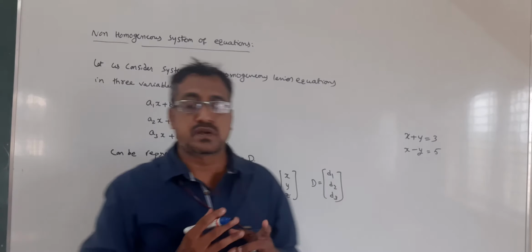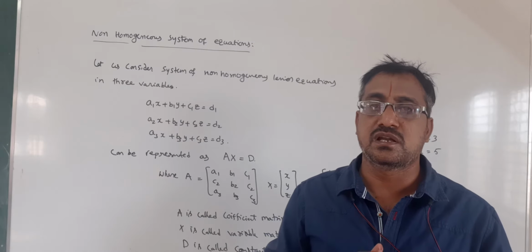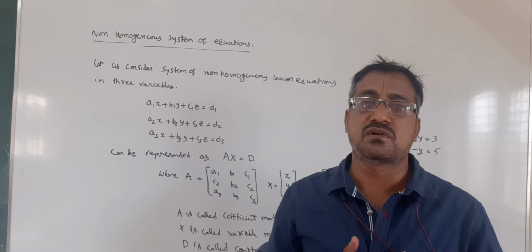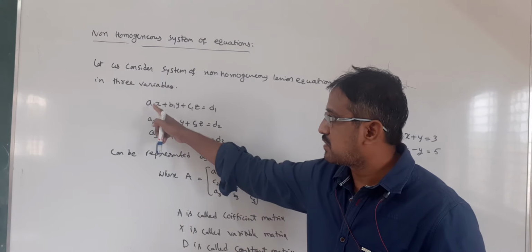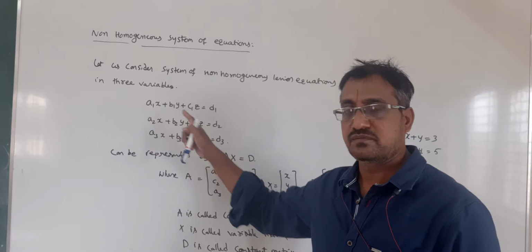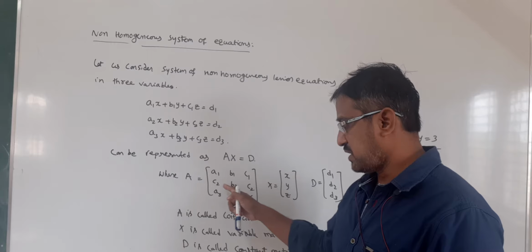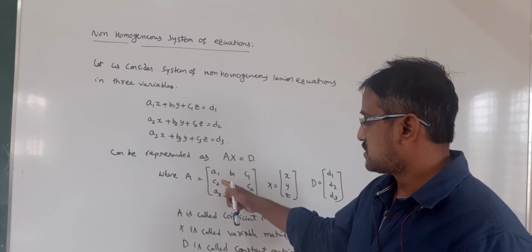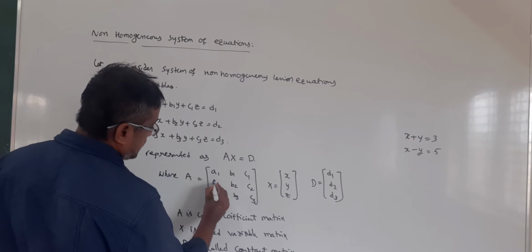So you can represent this system of linear equations in terms of x, y, z as AX = D, where A is the coefficient matrix. We have written all the coefficients of x, y, z: a1, b1, c1, a2, b2, c2, and a3, b3, c3.